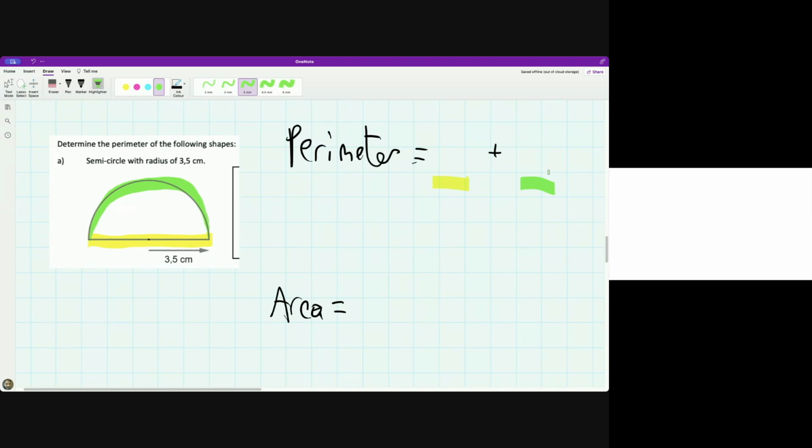What are we getting for our perimeter of our semicircle?